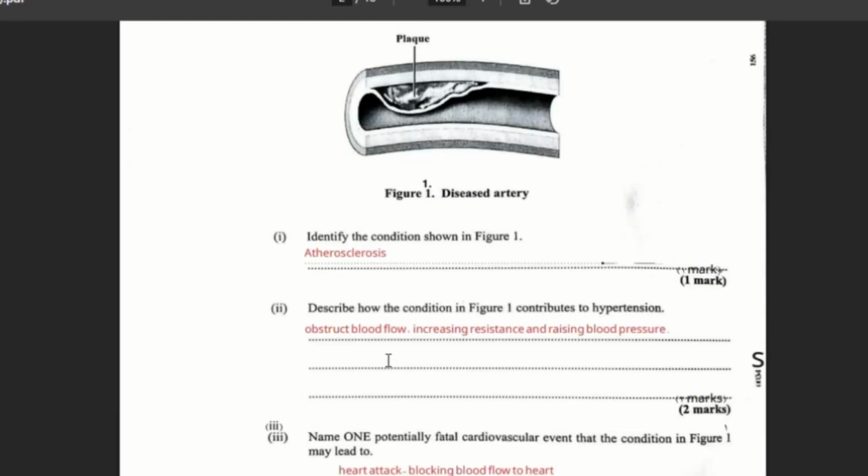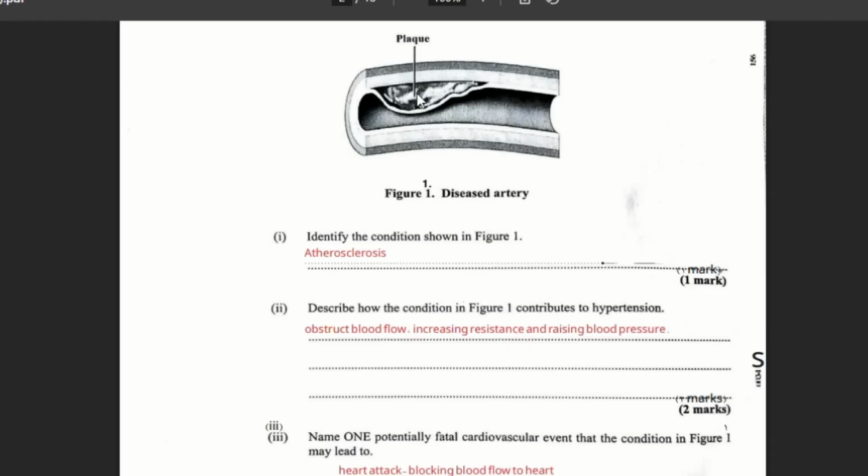The second question is saying, describe how the condition in figure 1 contributes to hypertension. This plaque being within the artery is literally obstructing blood flow, and it's going to increase resistance, and when the blood is having a harder time moving through, it is going to raise the blood pressure.